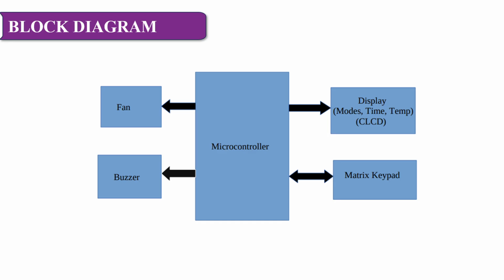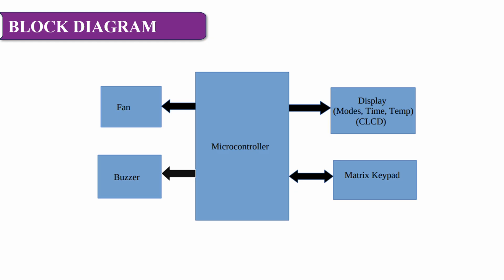First of all, we will have a look at the block diagram, where we have to proceed and how we have to do our work. First, we have to integrate a fan, buzzer, matrix keypad, and display with the microcontroller. The fan is to cool down the temperature after the heating is done.